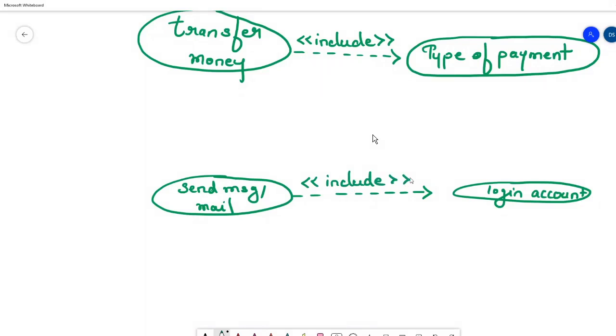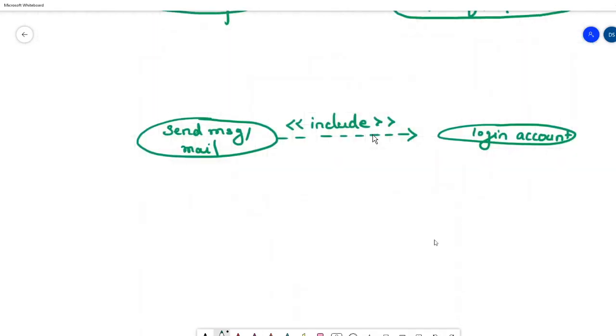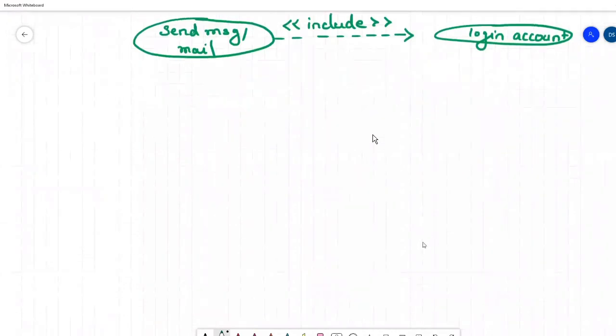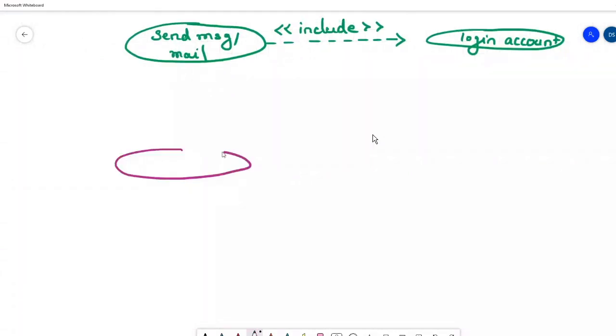Now, in today's life, we are all familiar with online shopping, placing an order, booking products, or placing an order for food items. If I place an order, that means I should have logged in to my account.